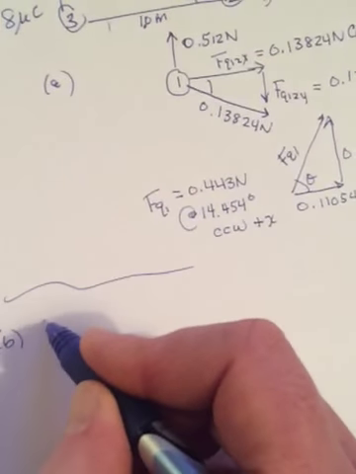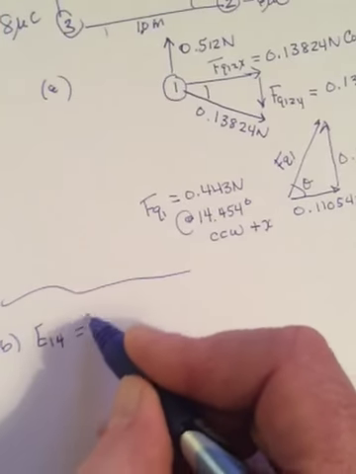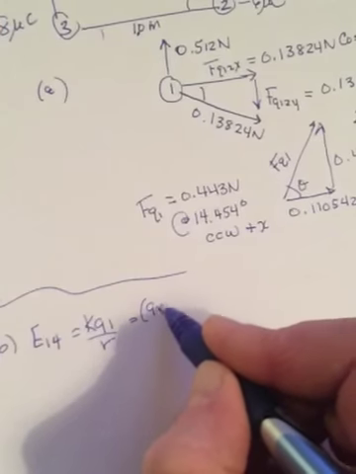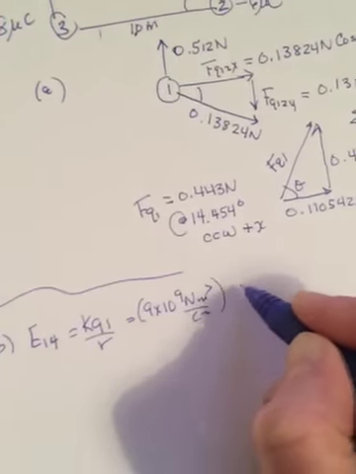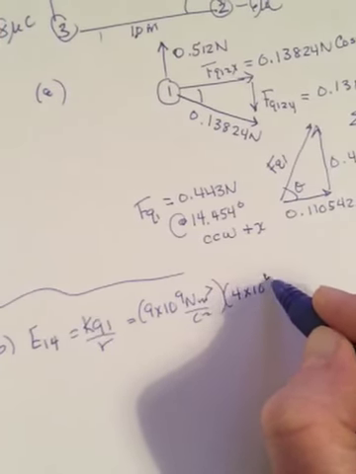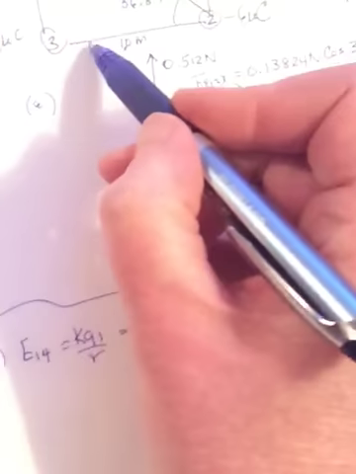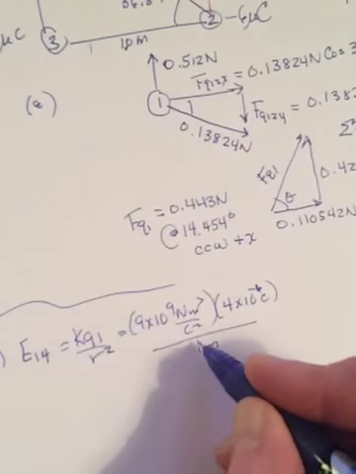So for B, you're going to do E1 at 4, which will be KQ1 over R squared. So 9 to the 9th Newton meters squared per coulomb squared, and Q1 was 4 to the negative 6 coulombs, and the R is going to be the 1 meter squared.